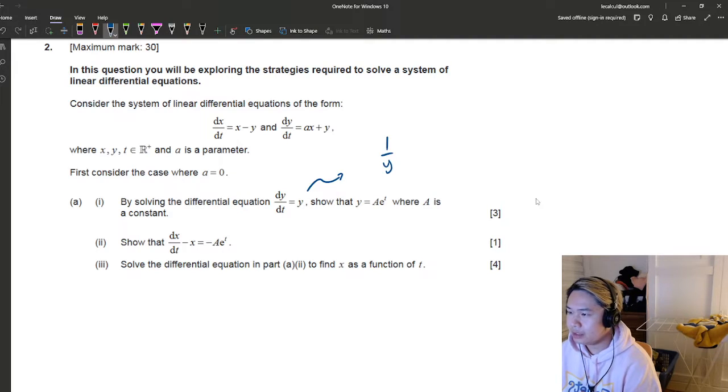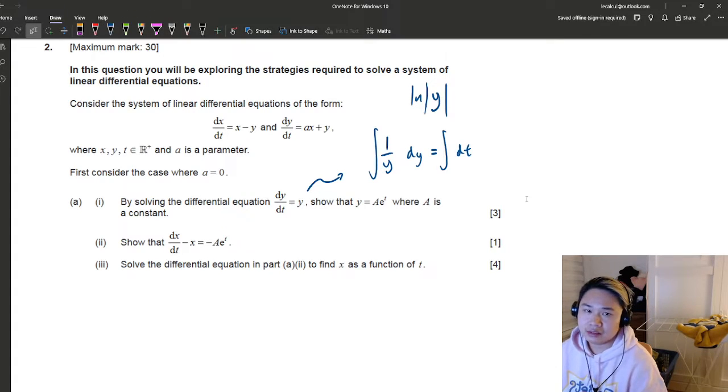So you get 1 over y dy is equal to dt. Then you can integrate both sides, and you'll get natural log of y. It's actually natural log of the absolute value of y, but they tell you that y is a positive number. And this is equal to t plus some constant.